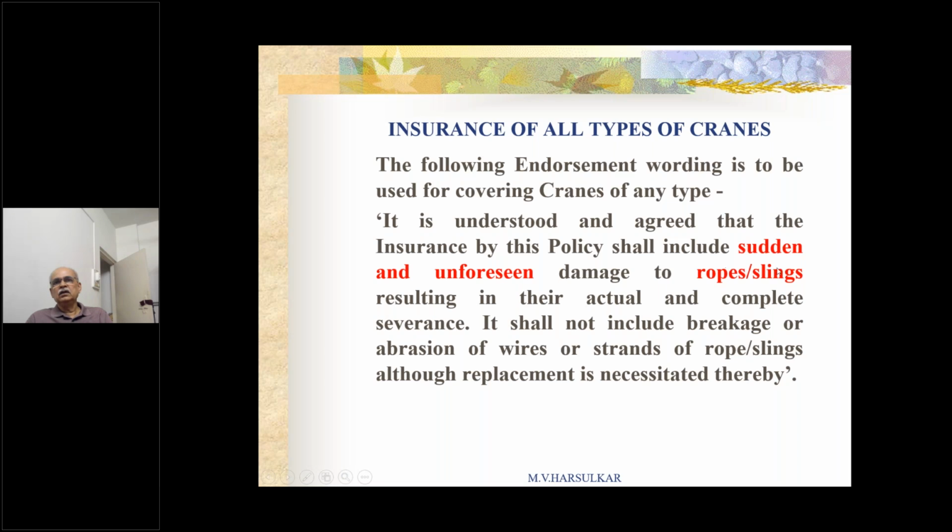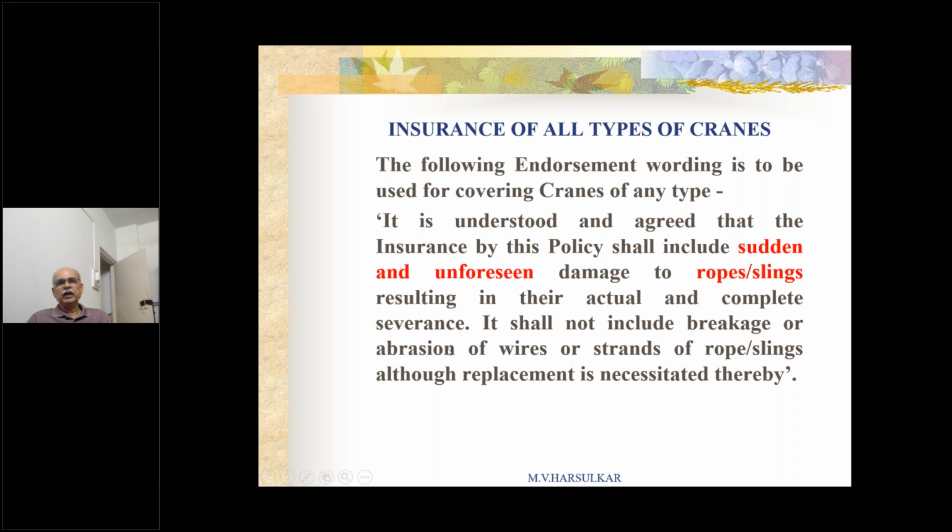So here also, standard exclusion is there for ropes and slings, but you can give this only when there is complete severance, that is, it is completely broken. If only a few wires are cut from the sling or ropes, that is not covered.